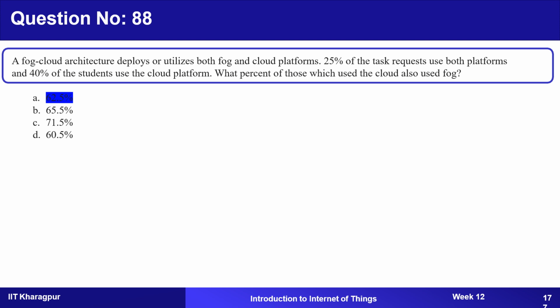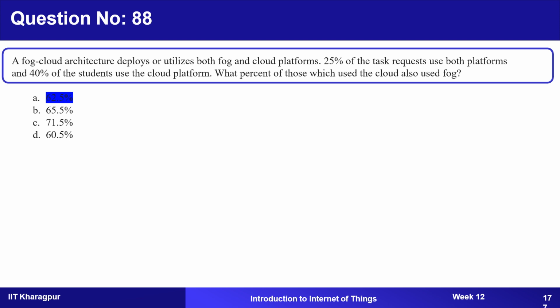First of all, it is given as 25% of the tasks use both platforms. It means the union is given. Now 40% use the cloud platform. It means you have to take 40% of the 25%. After that, this will be your n of cloud.